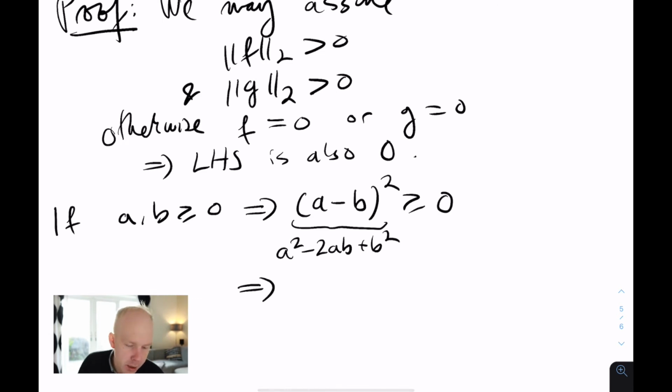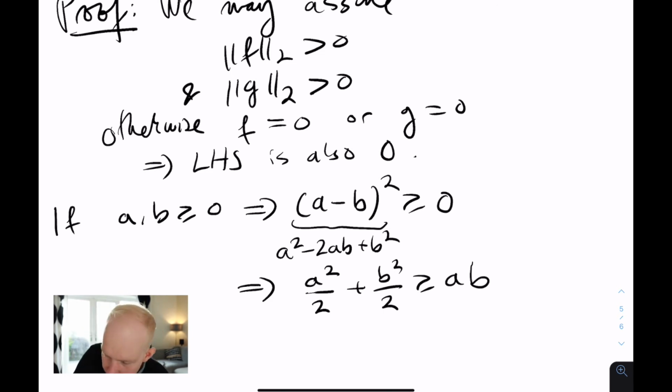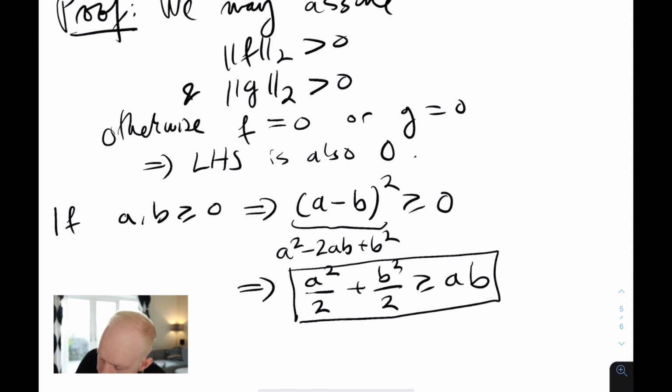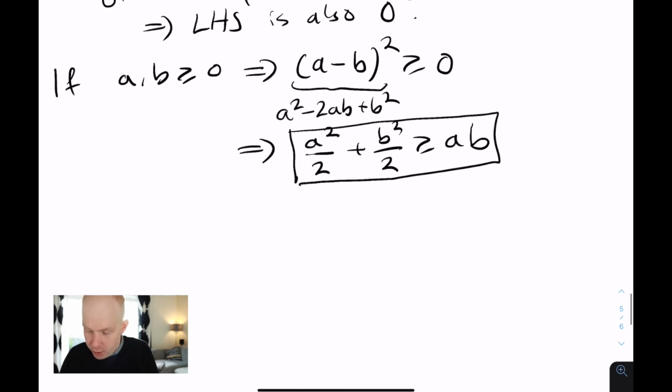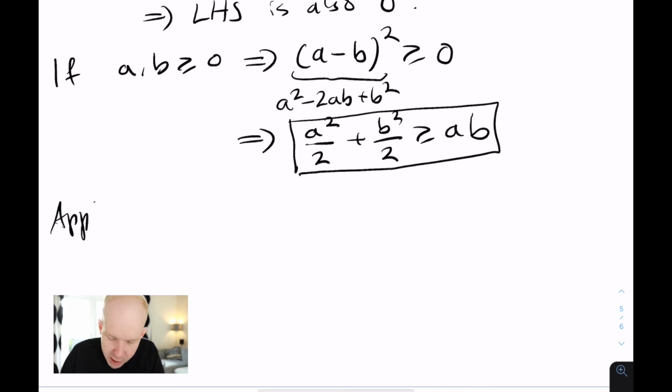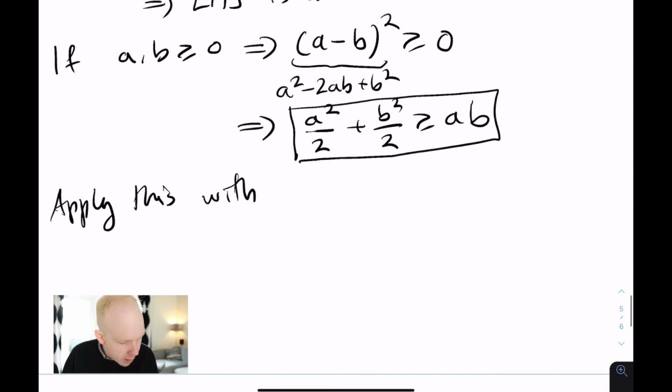So this implies in particular, if we move everything to the other side and divide both sides by 2, that a squared over 2 plus b squared over 2 is at most ab. And this is the basic inequality that we are going to be using to prove the Cauchy Schwartz inequality.